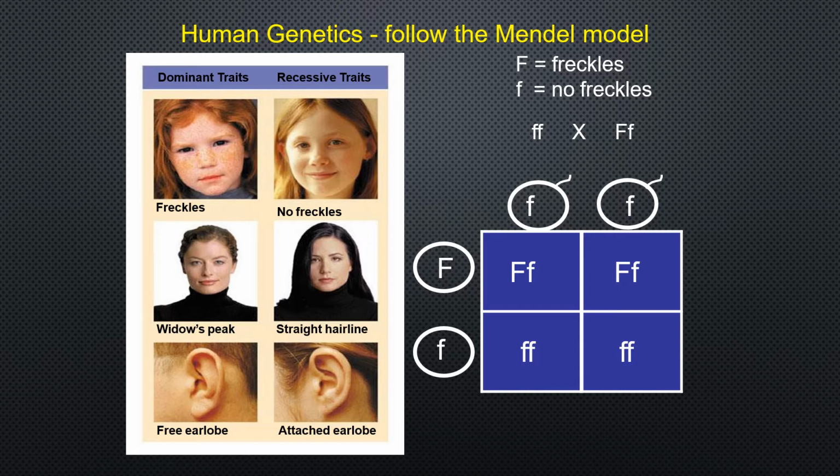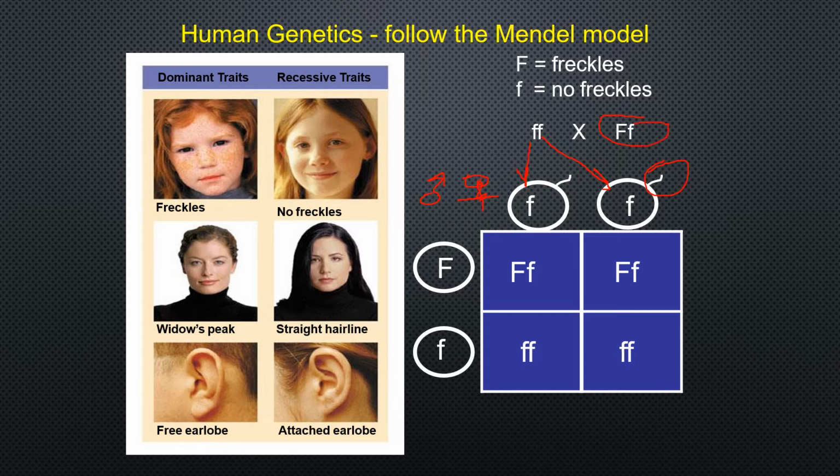Okay, so let's say then that mom has no freckles. So she is going to give us 2 egg cells. Oh, you know what I just realized? I did this backwards, because this is a sperm, right? So all right, let's say this is dad then. Sorry, dad. So dad has no freckles, and we are adding 2 recessive sperm.